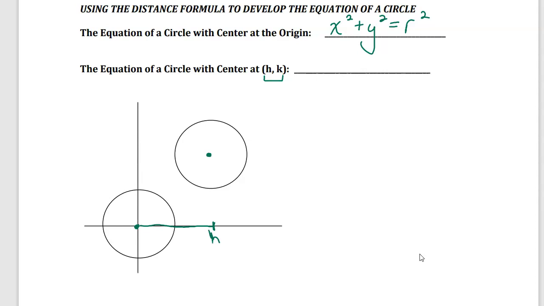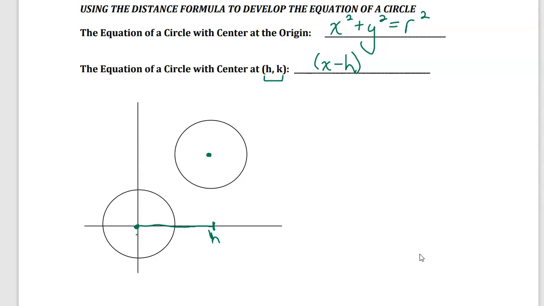So the distance now has shifted from here to here. And remember that I want to look at that x minus h. I want to look at the difference between those two, because usually we look at this x value.